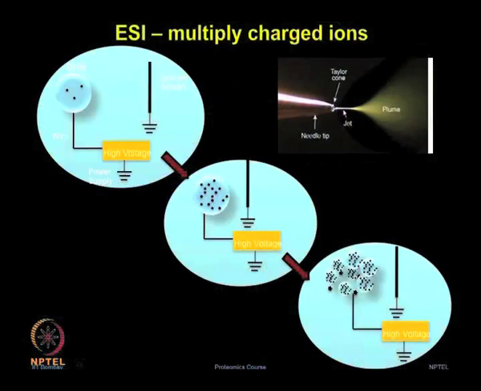You can see this process with much clarity in this slide. The top panel is showing the Taylor cone generation, and in the center it is shown that production of multiple charged ions. Usually it is coupled to the MS via real time liquid separation.